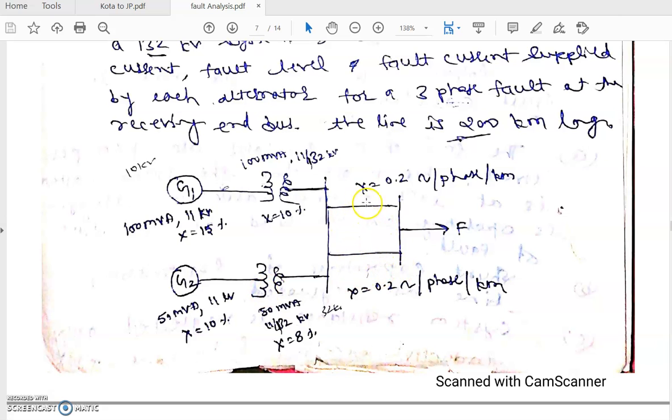So the equivalent value of this parallel combination and this parallel combination becomes a series combination. So the equivalent impedance of the whole network can be calculated. Then the current at the fault point F is simply I equals V upon Z, where V is 1 angle 0 divided by the whole impedance of the system.